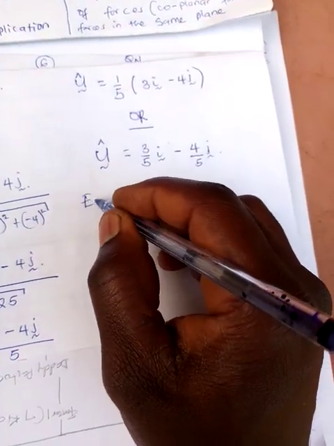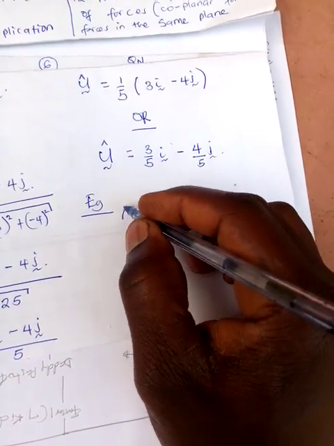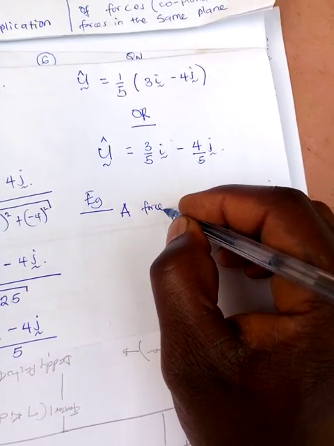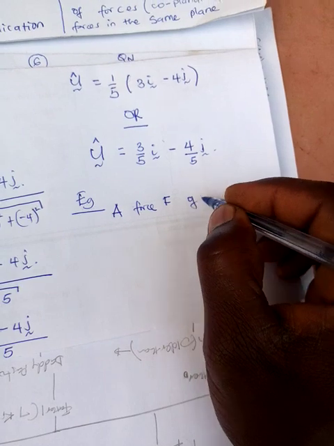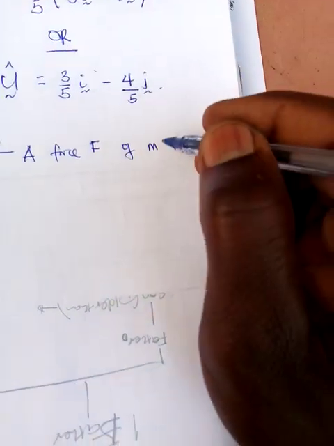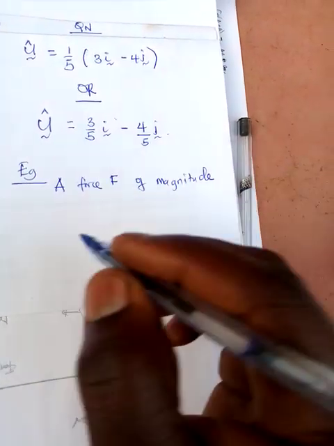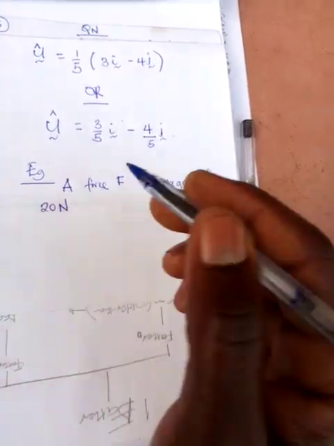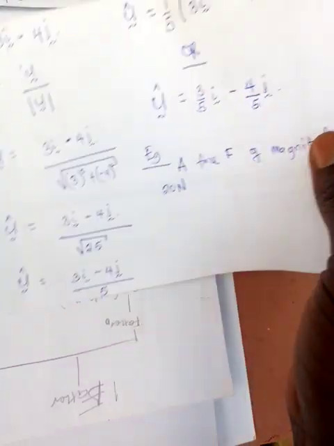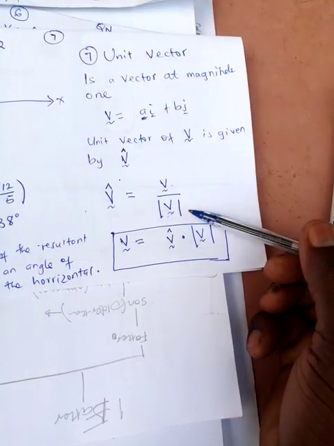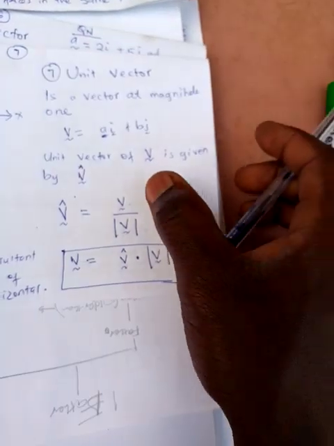Say, for example, another example: a force F of magnitude 20 Newton. The force F is a vector.